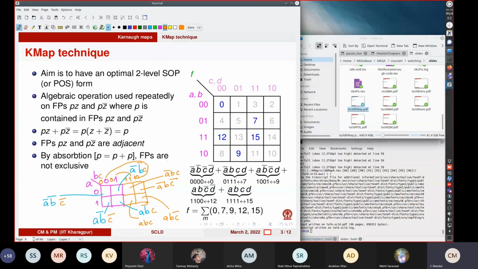All right, the important thing to note is that the principle of Gray code has been used. Which are adjacent? These are adjacent.